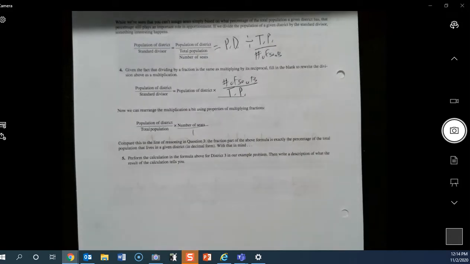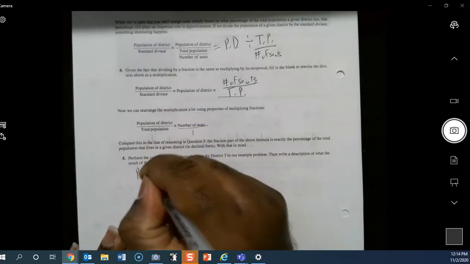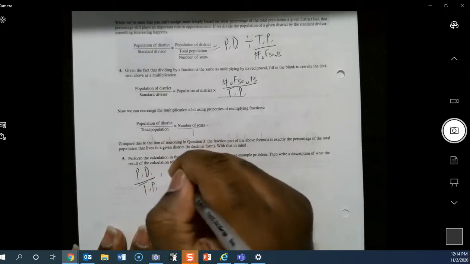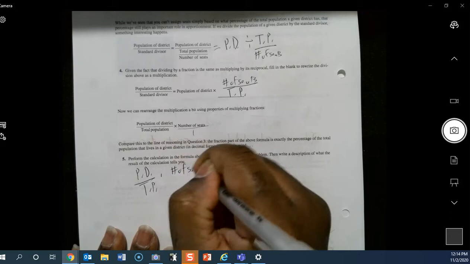It says here, number 5, perform the calculation in the formula above for District 3 in our example problem. Then write a description of what the result of the calculation tells you. Okay, so we will add a population of the district divided by the total population times the number of seats.